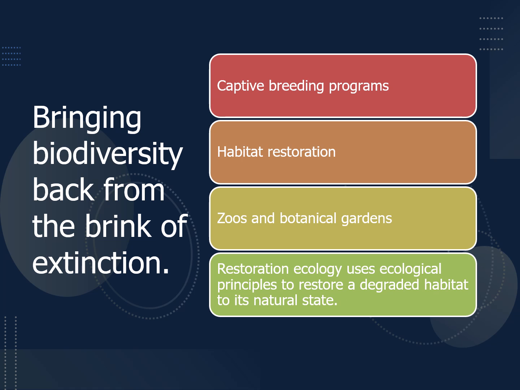Habitat restoration's a big one. Zoos and botanical gardens go hand in hand with captive breeding programs, but those can also have a lot to do with conservation efforts. Our St. Louis Zoo, along with Collie, has a really fantastic hellbender program.